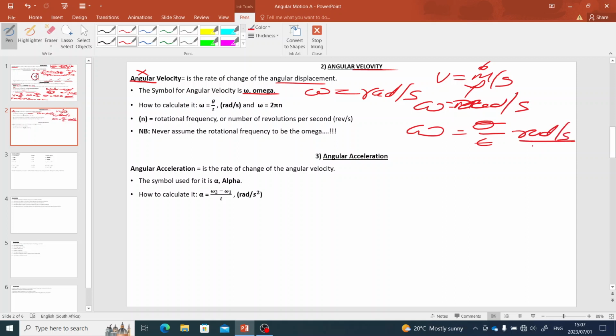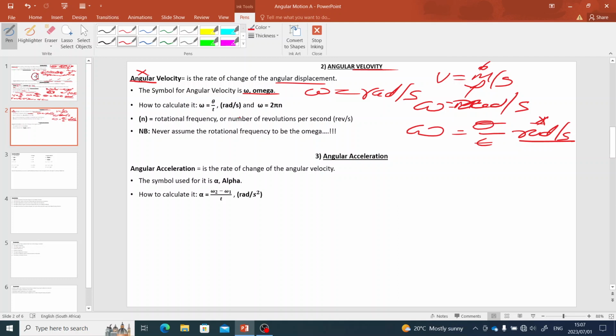What's important under your angular motion is to know the SI unit. If you know the SI units, you will not go wrong. You will not mix up the given information with something else. The SI unit for angular velocity is rad per second.